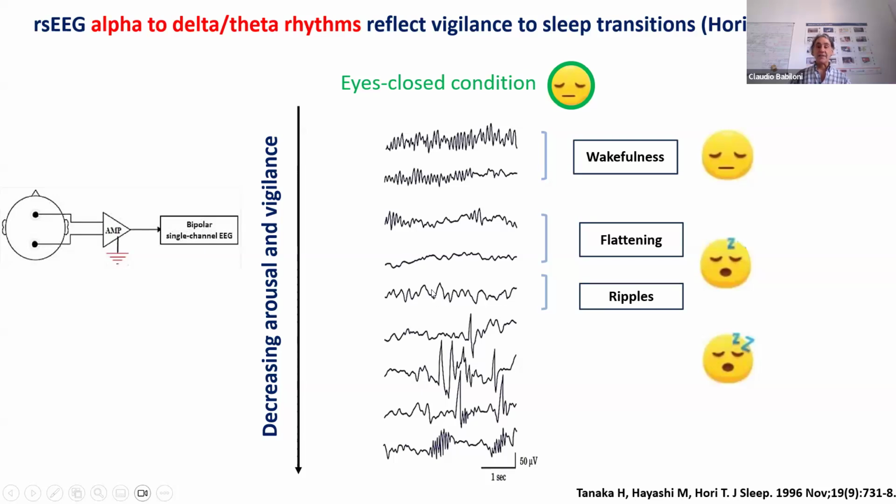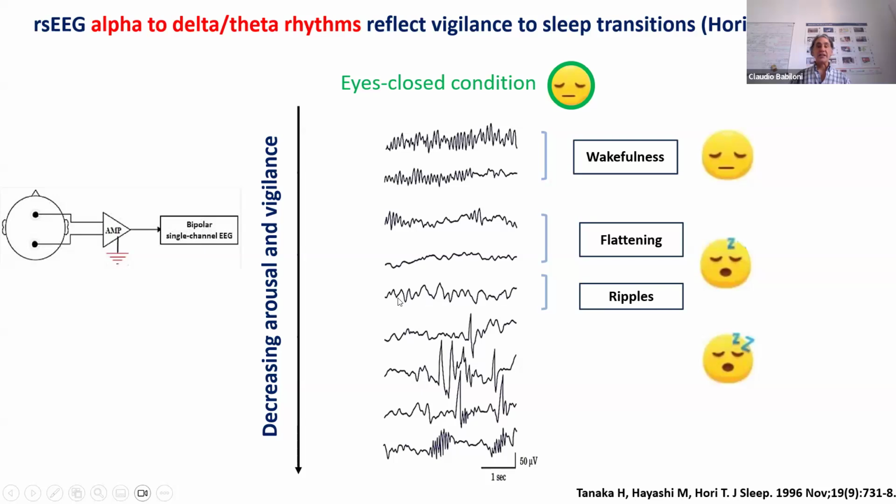And when the light sleep is even more evident from a behavioral point of view, with muscle atonia and some posture of the participant during the EEG recording, you see that this is associated with another change in the amplitude and frequency of EEG activity.